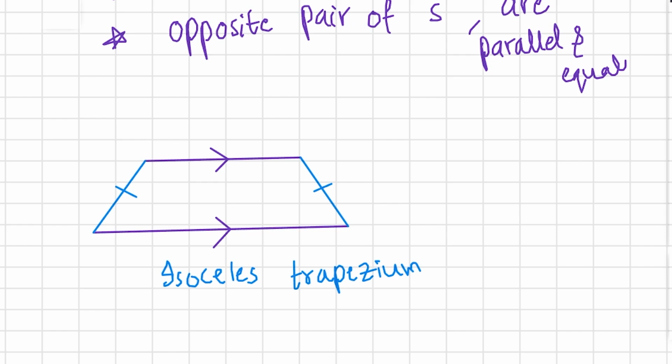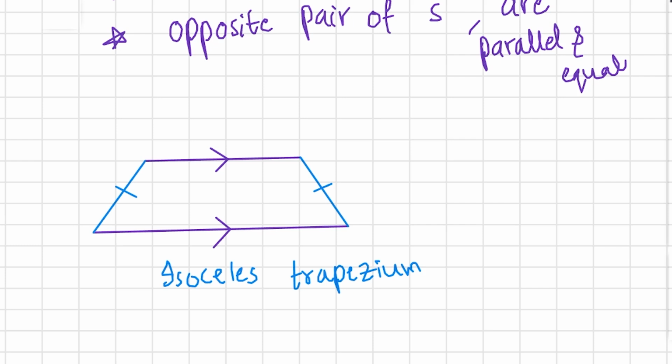Next point. If one pair of opposite sides in a quadrilateral are equal and parallel, the quadrilateral is a parallelogram. Do you understand this?